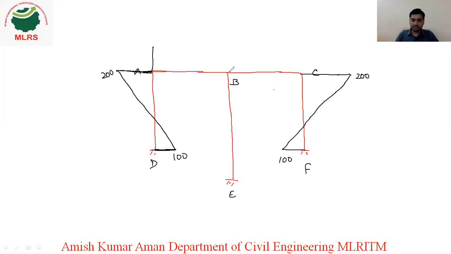At B we have 433.34, so mark it as 433.34. And at C also again 200 only, so mark it as 200. Now join them.